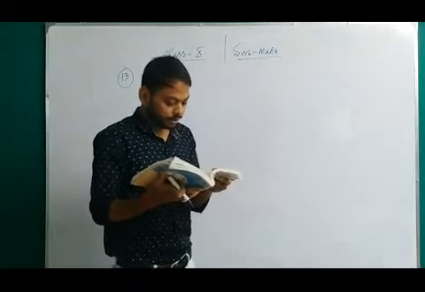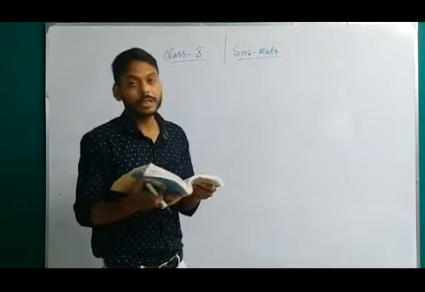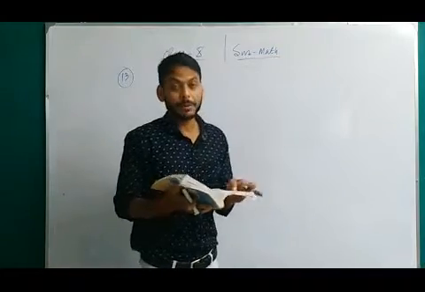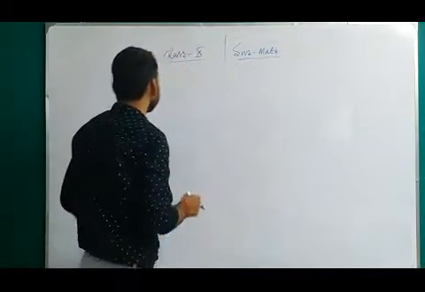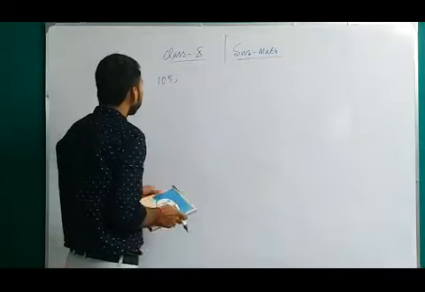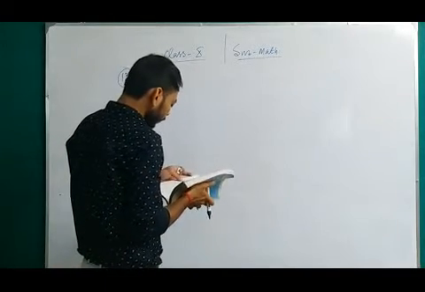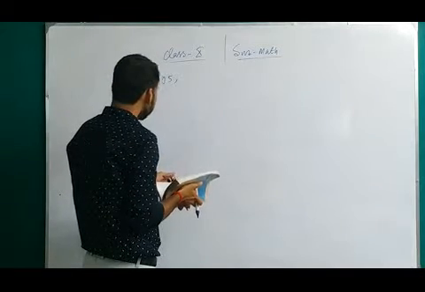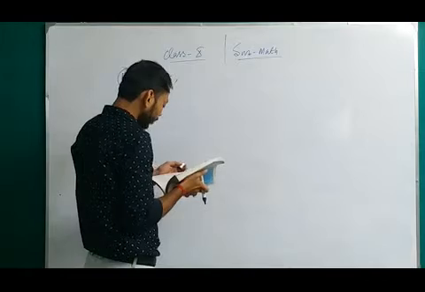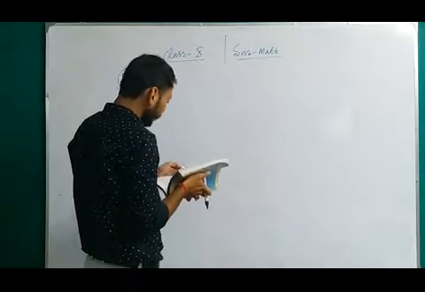How many 3-digit numbers are divisible by 7? So the first number divisible by 7 is 105. So the first 3-digit number divisible by 7 is 105.